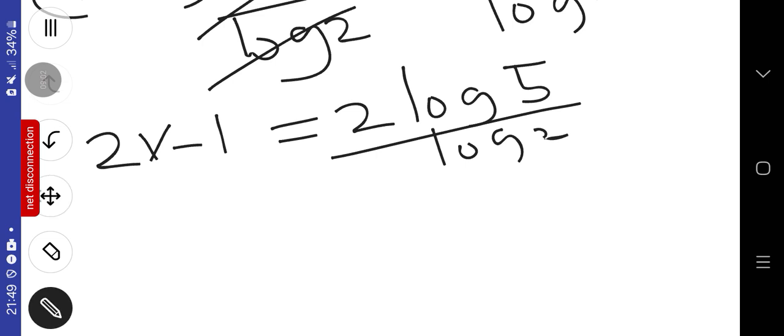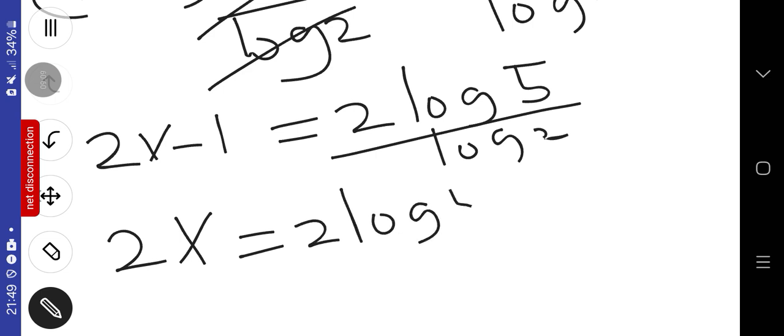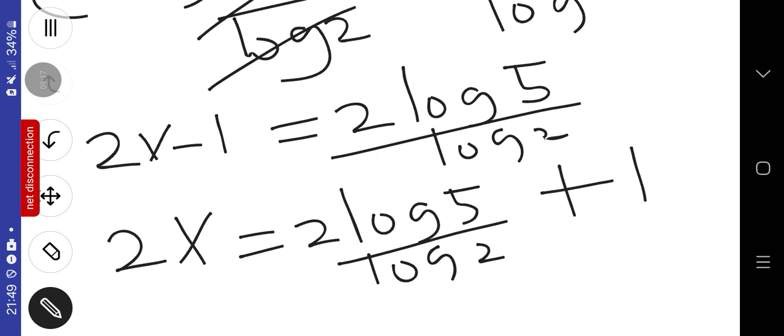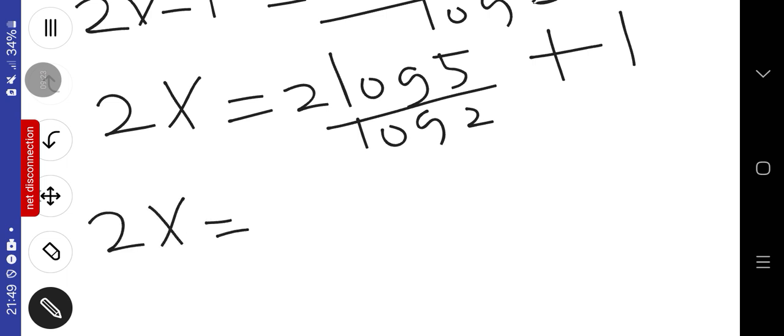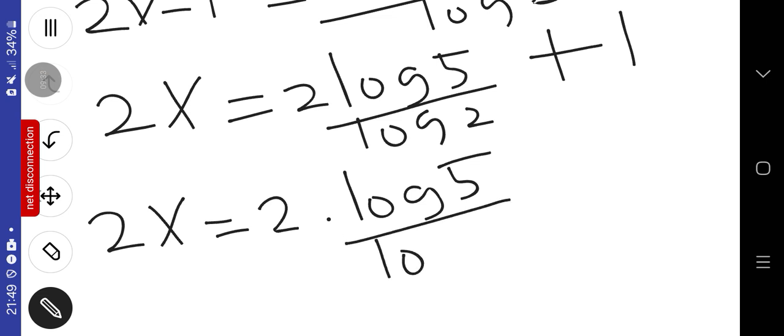So you're going to have 2x equals 2 log 5 over log 2 plus 1. This is the same as 2x equals, so this 2 is multiplying, 2 times log 5 over log 2 plus 1.